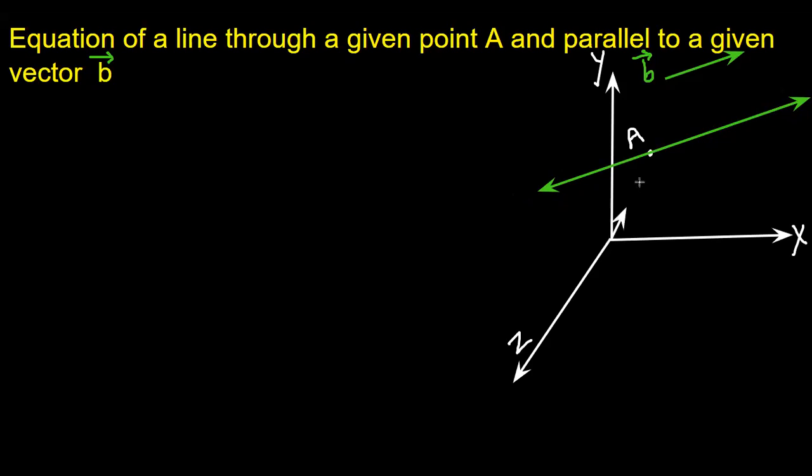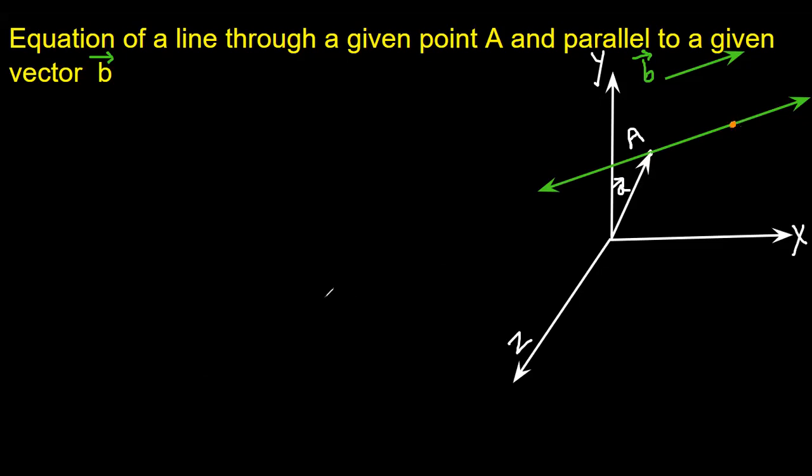This point is origin. From origin to A, this we can represent by small vector a, and we can take any point on the line. That is a general point.